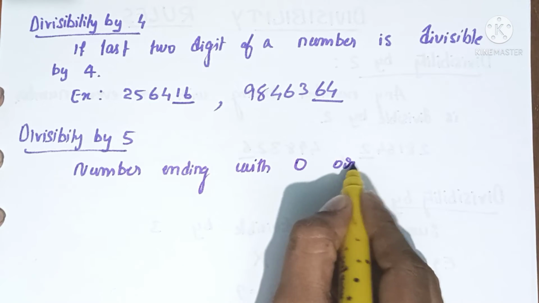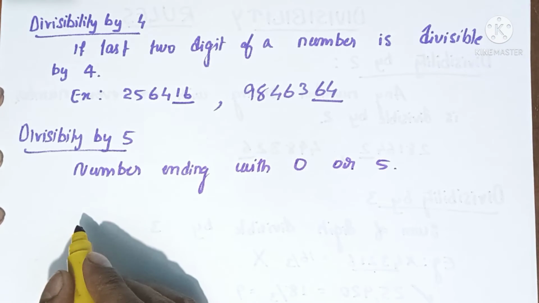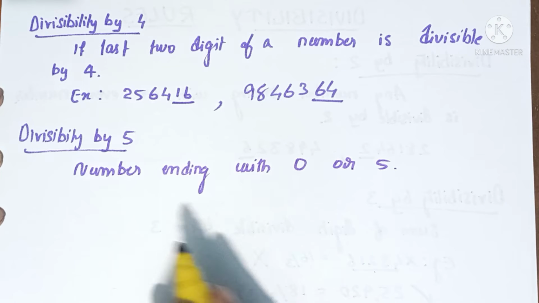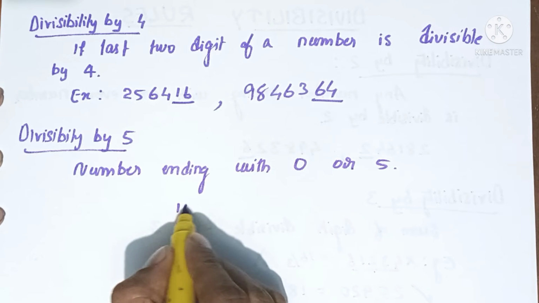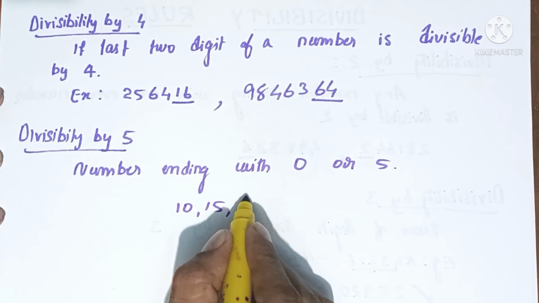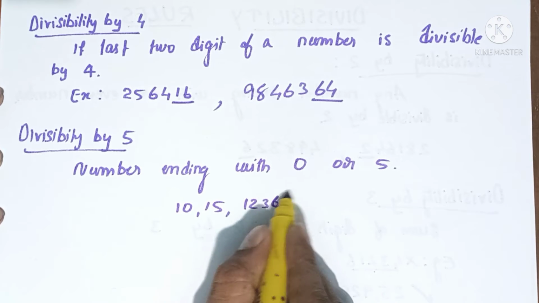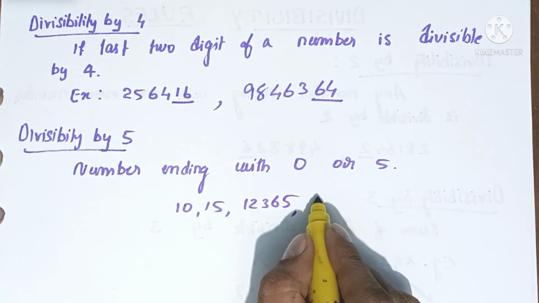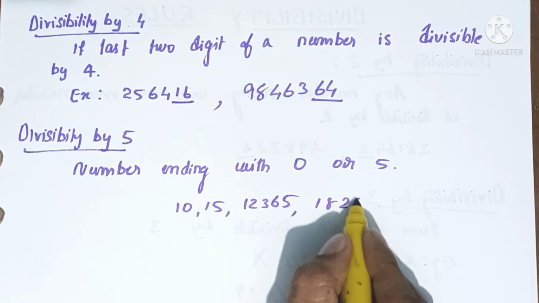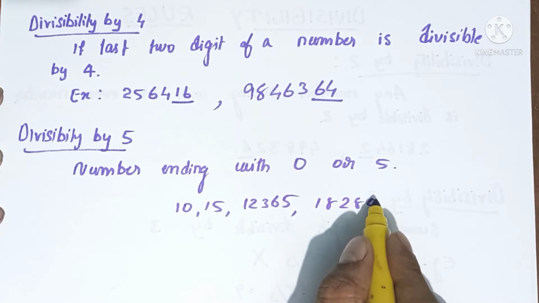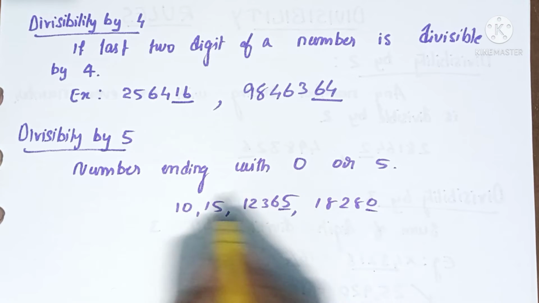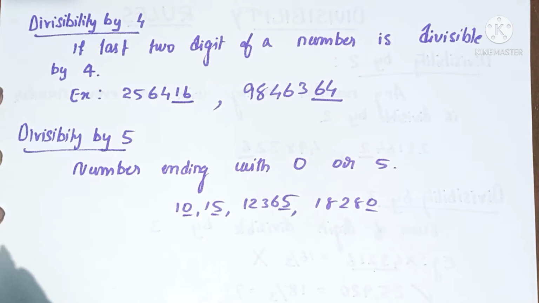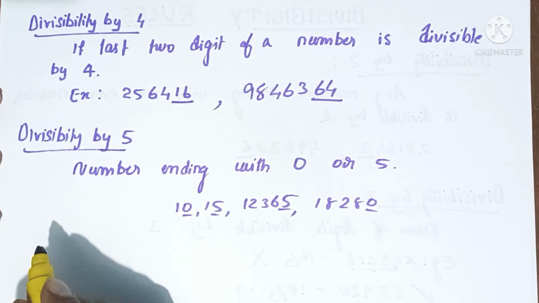No need to explain because we know this very well. 10, 15, 12365. If it is ending with 5, it is divisible by 5. Or if it is like 18280, if it is ending with 0, it is divisible by 5. Ending with 0 or 5, it is divisible by 5.